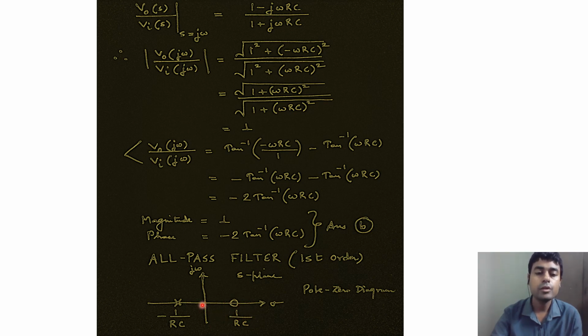And if you set the denominator to 0, it leads to the occurrence of the pole, which is at negative of 1 by RC. And note that because this is an all-pass filter and because the pole zero alignment is like so, the pole and zero are equidistant from the origin. So if this is, let's say, x units, then the other one will also be x units. In this case, x is equal to 1 by RC.